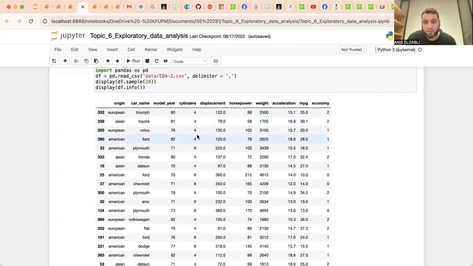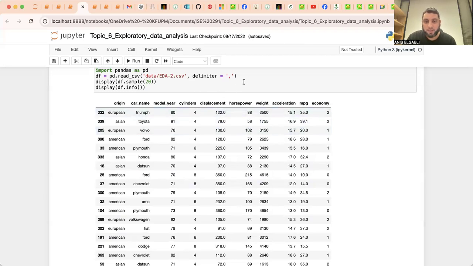I don't believe that this is the only feature that matters here. I agree there are some correlations. They are correlated, so there is room for dimensionality reduction here. Definitely, we don't need all seven features. We can do dimensionality reduction and come up with a smaller number of features, if we want to create a model that predicts economy from the input features.